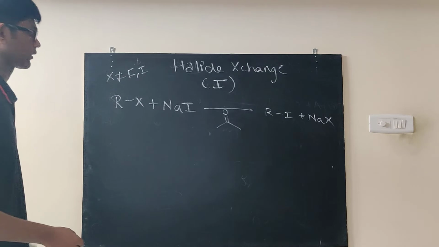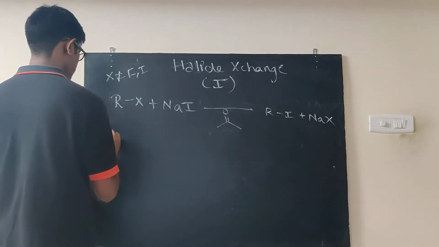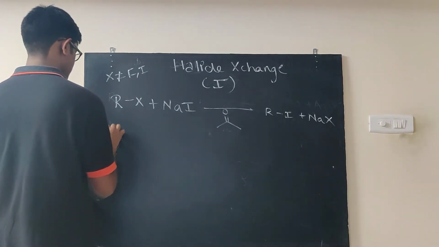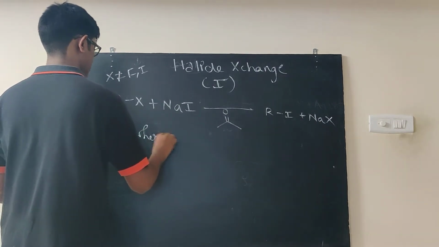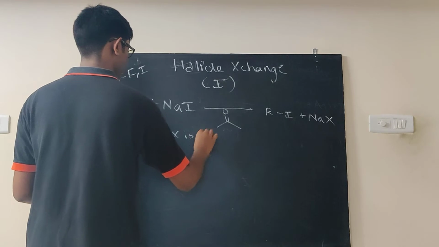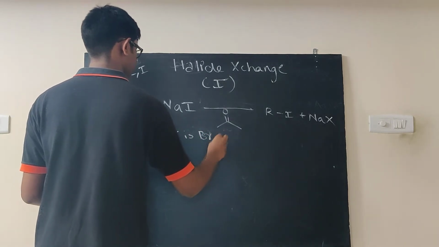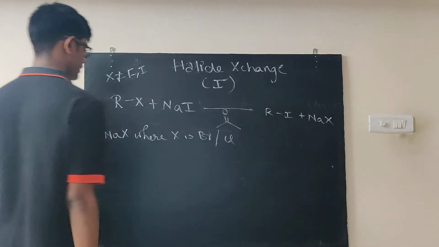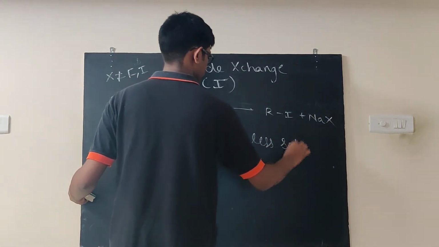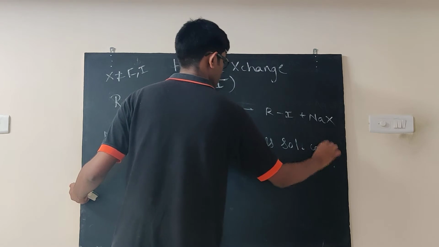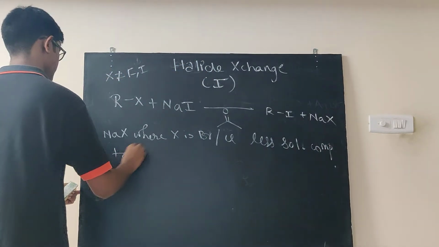Now this is basically it. You want to know one more thing: NaX, where X is bromine or chlorine, is less soluble compared to NaI.